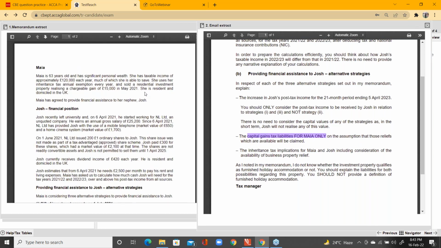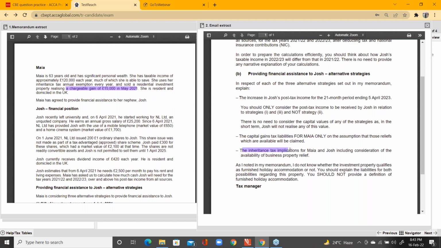Where it is written, she uses her inheritance tax annual exemption each year and also has a chargeable gain of 15,000 in the fiscal year 21-22, because May 21 falls in the fiscal year 21-22. So if there is already a chargeable gain, it would be covering the annual exemption amount.